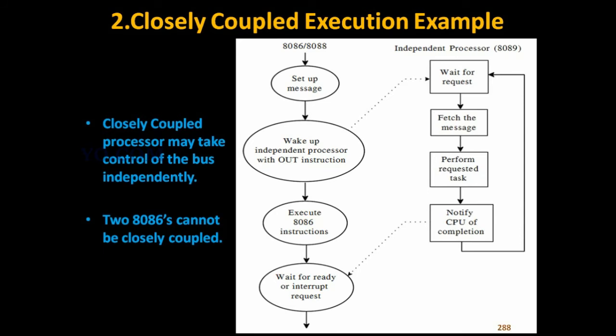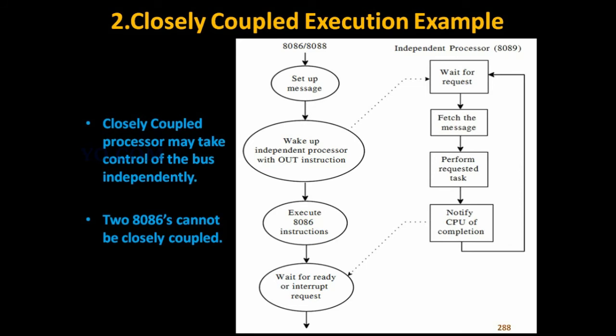The main difference between the coprocessor and the closely coupled configuration is that no special instruction, wait or escape instruction, is used in the closely coupled processor. The communication between 8086 and the independent processor is done through memory space.